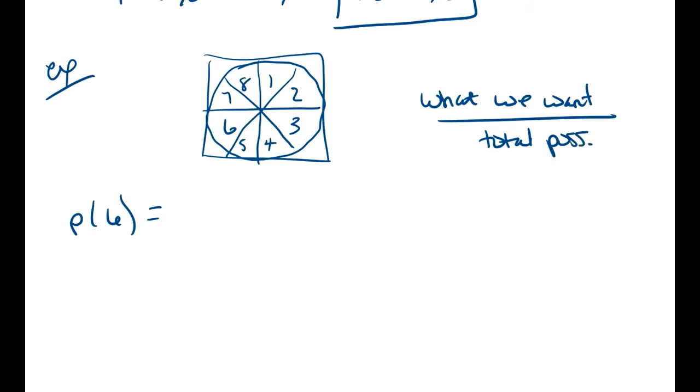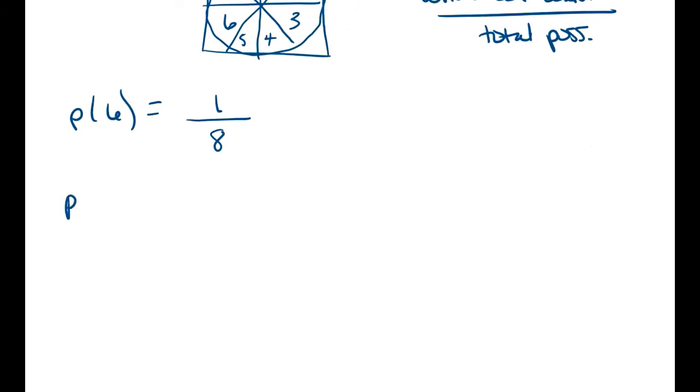In this case, we have 8 spots where the spinner could land, 1 to 8, but there's only 1 six. So my probability here is going to be 1/8. And again, I'm going to assume at this point that you could convert that to a percent if you needed to.